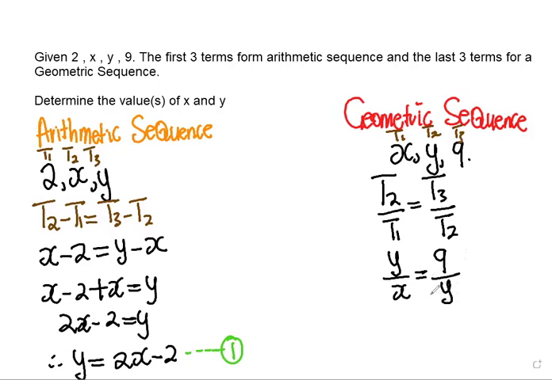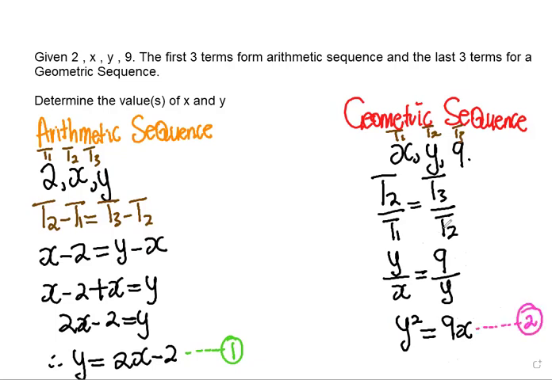Then we're gonna cross multiply, right? So it will be y times y, that will be y squared, equals 9 times x, it's 9x. So y squared equals 9x, and that on its own we'll regard as equation number 2.